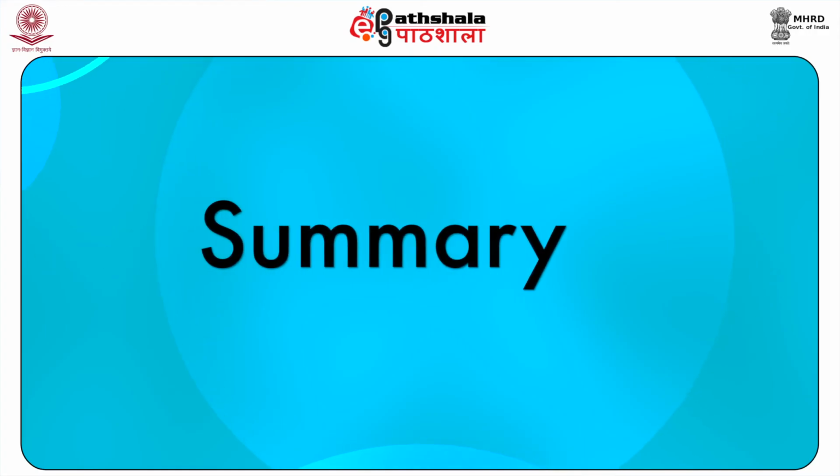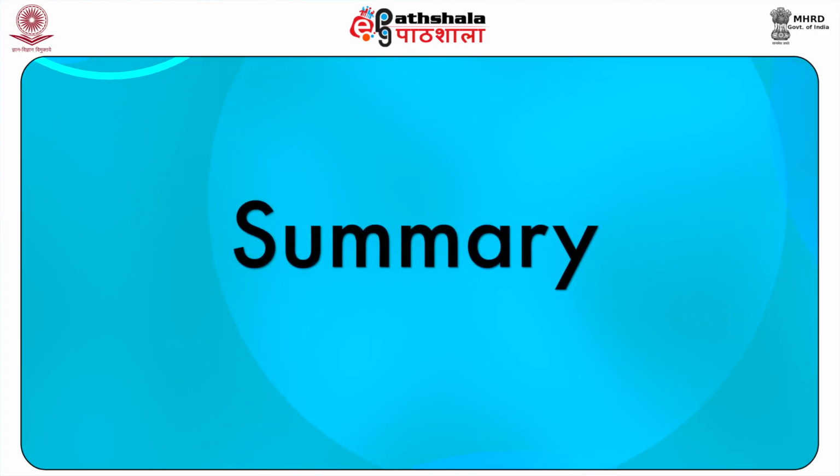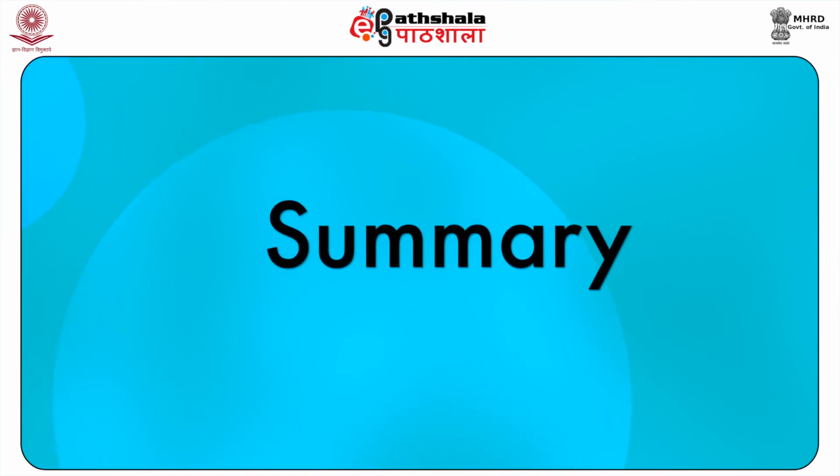Let us now summarize what we have learnt in this module. Differential equations can be used to trace the time path of the price movement to the equilibrium, and from the equilibrium price, that is, convergence or divergence in the demand supply model with respect to time.